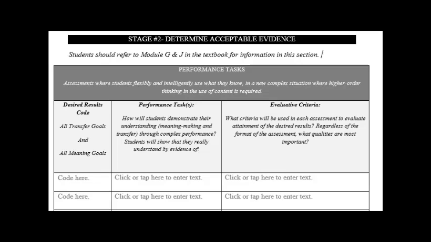In the grid below, we will identify the performance tasks, which allow students to demonstrate their meaning making and transfer through a complex performance. We will also use the evaluation criteria to evaluate the attainment of the results. We want to think about what qualities are most important. As with the previous stage 1, we will list the codes in relation to the transfer and meaning goals.